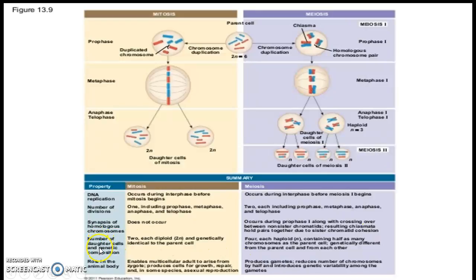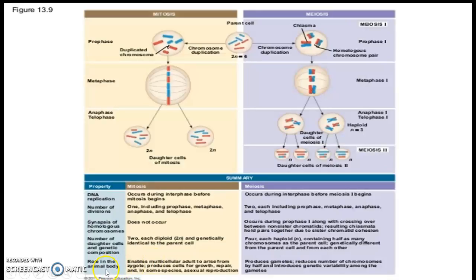In mitosis, the number of daughter cells and genetic composition is two, each diploid and genetically identical to the parent. For meiosis, four, each haploid, containing half as many chromosomes as the parent cell, genetically different from the parent cell and from each other.